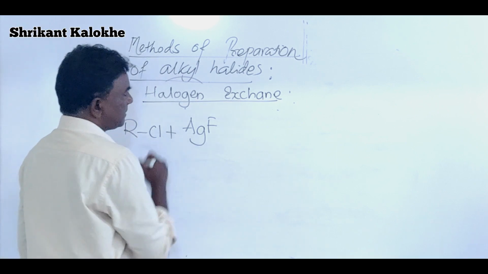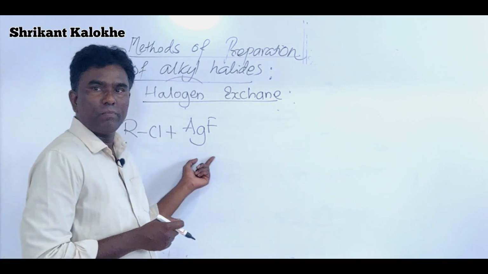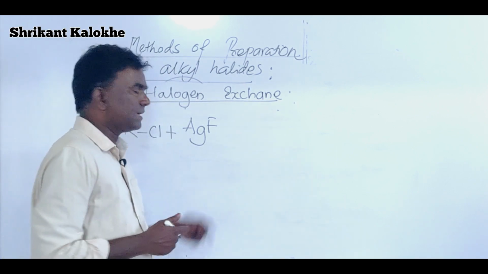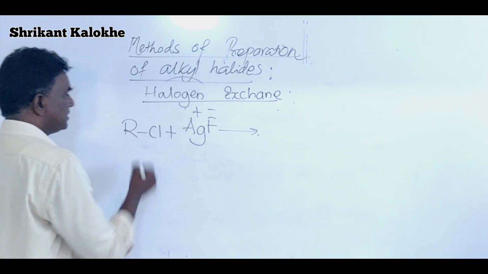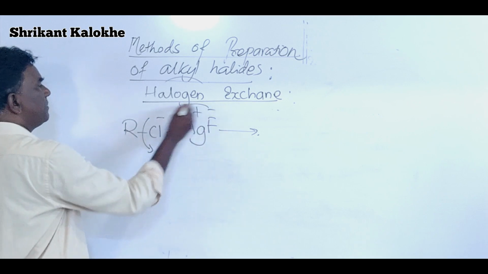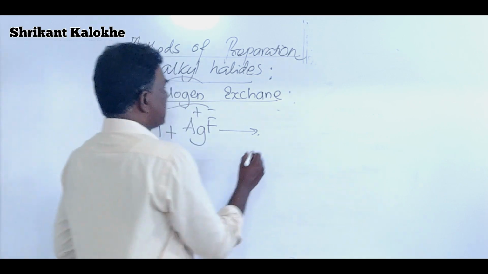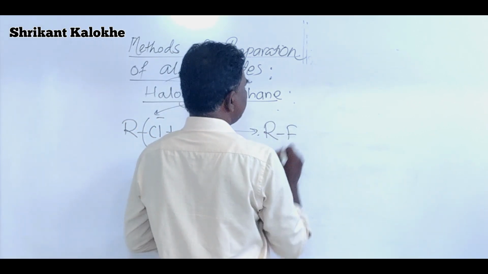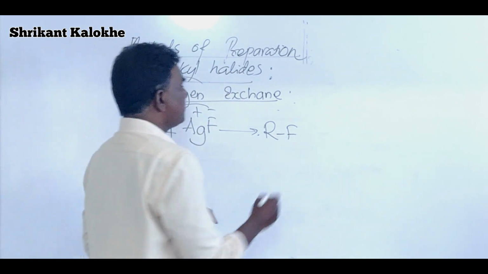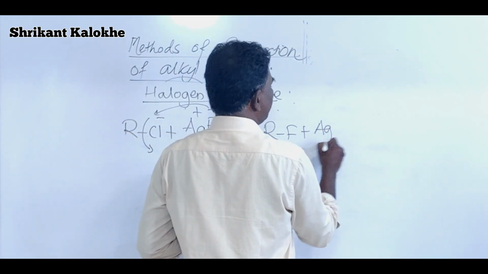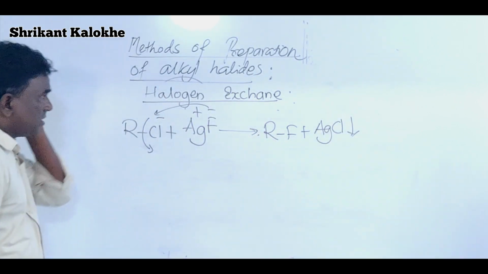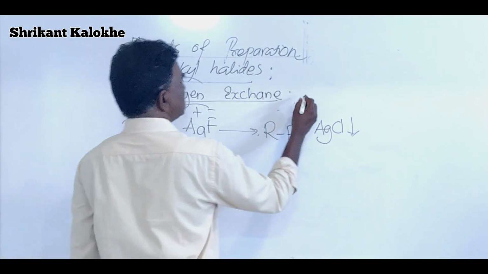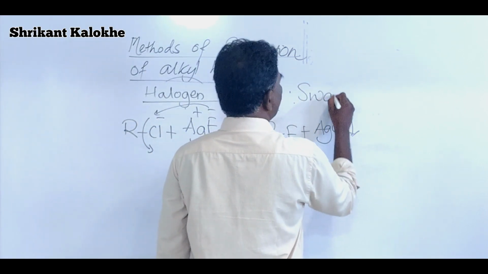For example, here silver fluoride has been taken, Ag+ F-. This Cl- will be replaced by F-, and you will get RF, alkyl fluoride, and the side product will be the precipitate of AgCl.